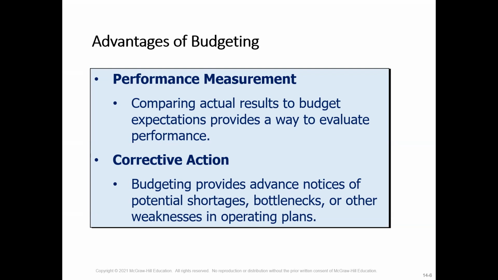So there can be corrective action that needs to be taken due to budget variances. And that's the final point here. Budgeting and analyzing that budget lets you know where you need to take corrective action.